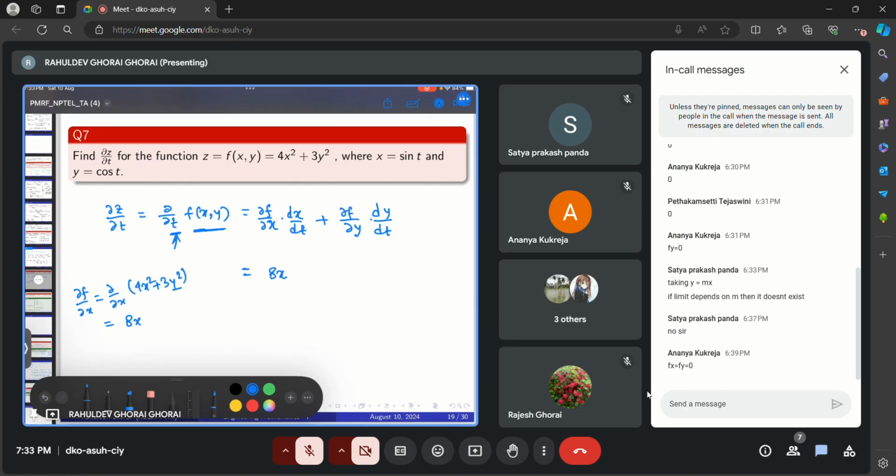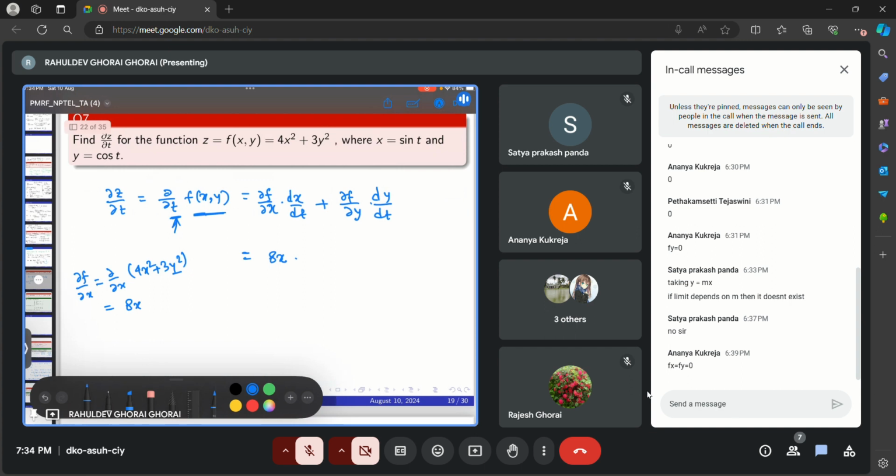So 8x times dx dt. x is sin t, so dx dt will be cos t, plus del f del y, which is 6y, times dy dt, which will be negative sin t, because the derivative of cos t is minus sin t, right?